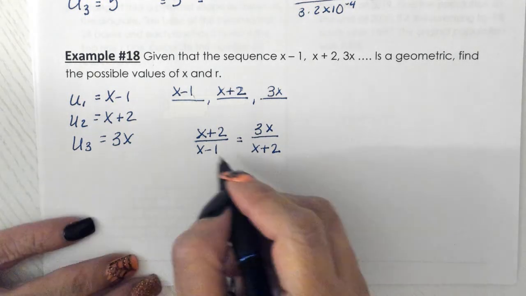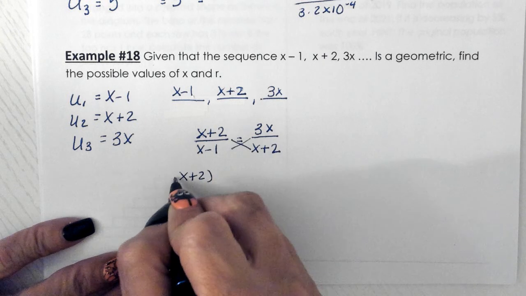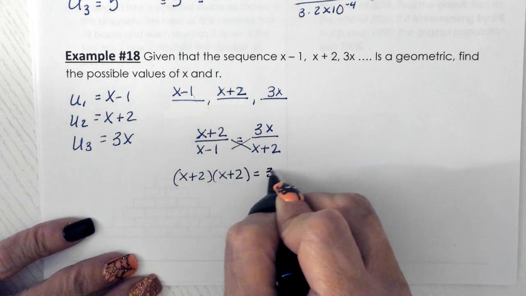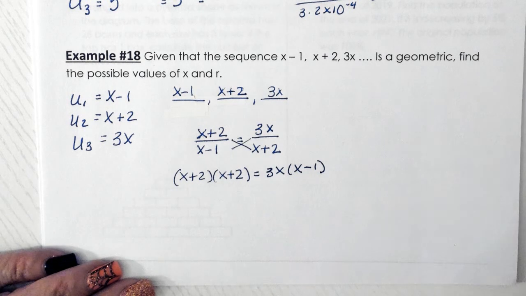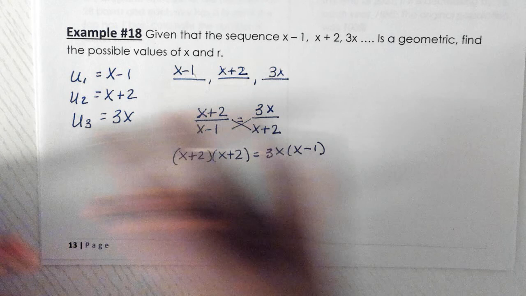Okay, here we go. When I cross multiply, I'm going to have x plus 2 times x plus 2 equals 3x times x minus 1. All right. I'm feeling the polynomial solver coming on. Okay, so let's distribute all this.